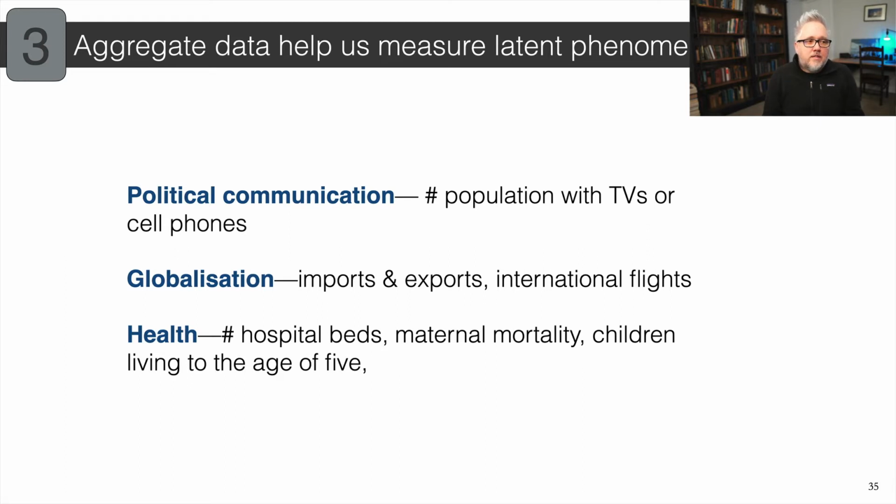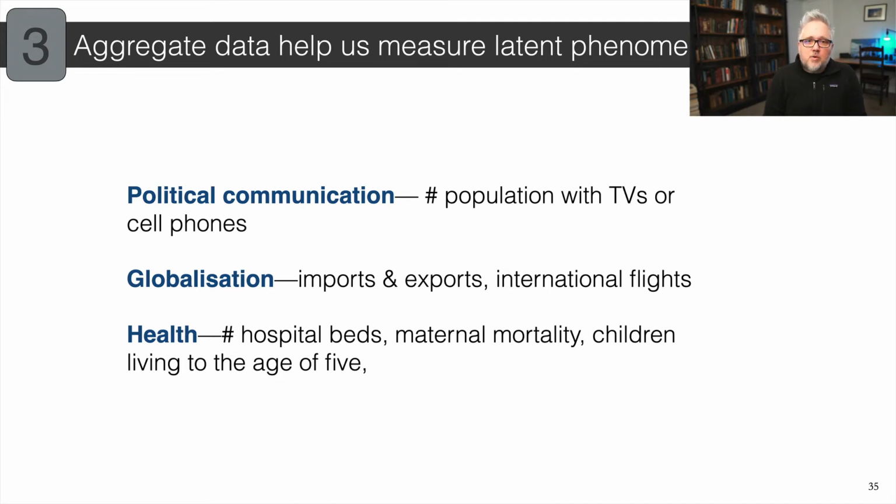You can come up with different proxies or different facets of the larger outcome that you're really interested in, whether it's the number of people with TVs, cell phones, internet connections. As you can see with protests in recent days, governments have increasingly cracked down by trying to reduce political communication.